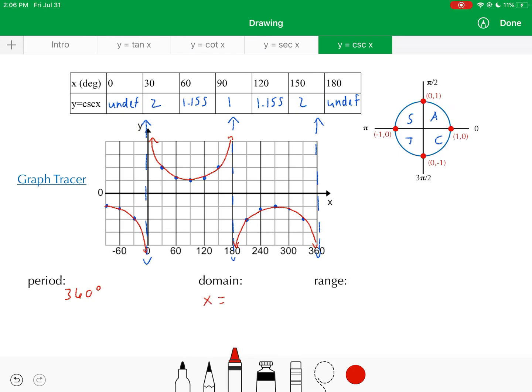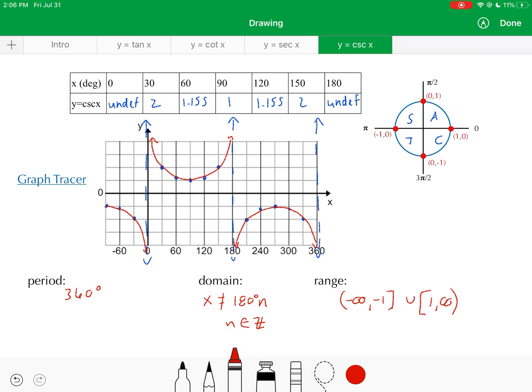Domain, your first asymptote occurred at the y-axis and then didn't occur again until 180 degrees. So any multiple of 180. And then your range, anything smaller than negative 1 or larger than positive 1.